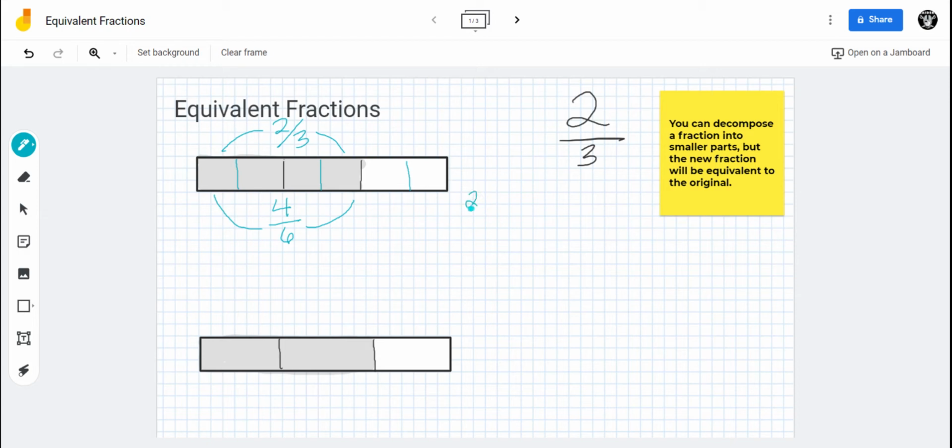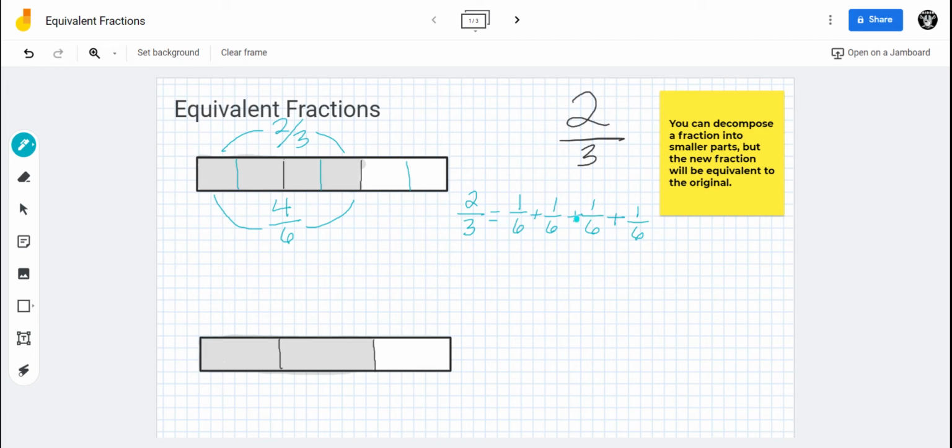So we can say that 2/3 is equivalent to 1/6 plus 1/6, and we're making it a sum of unit fractions here. And you can see all the different little sixes that go together to make 2/3, right? 1, 2, 3, 4.